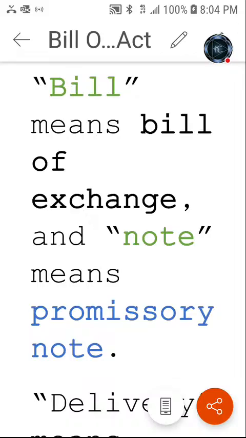When your utility company sends you a bill, an invoice, whatever you want to call it, for services, and on that invoice it says, if you don't pay this by such and such a date, I'm going to cut your service off.